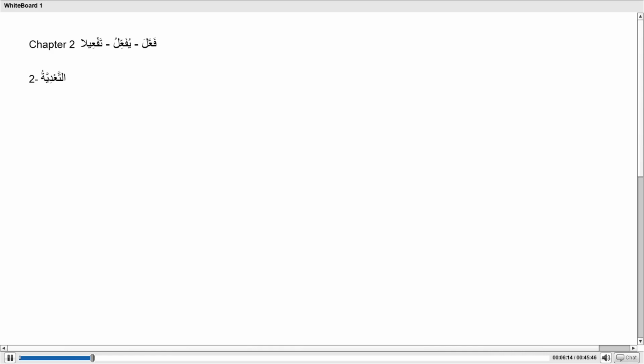Got it? Therefore, crossing over a verb is done by two ways which we have taken so far. The first one is to bring it on the scale of af'ala, and the second one is to bring it on the scale of fa'ala.